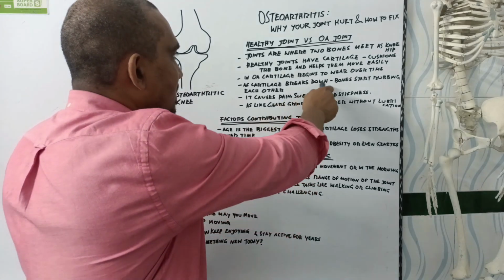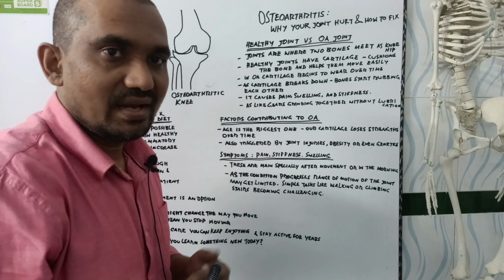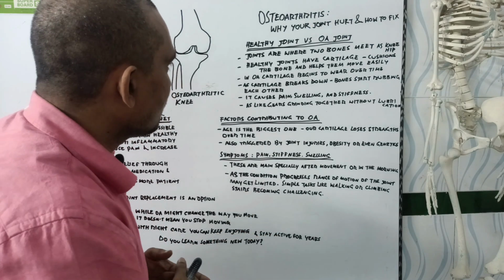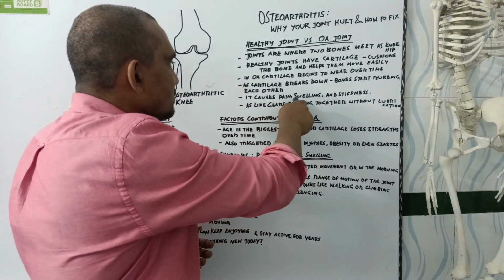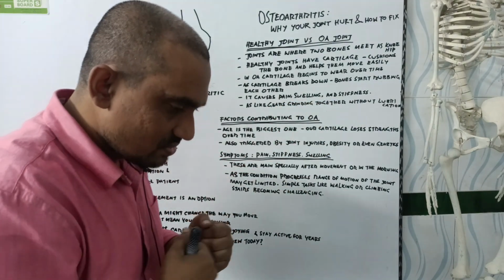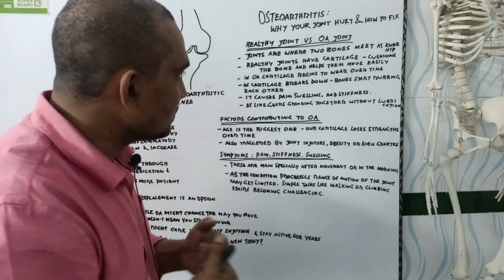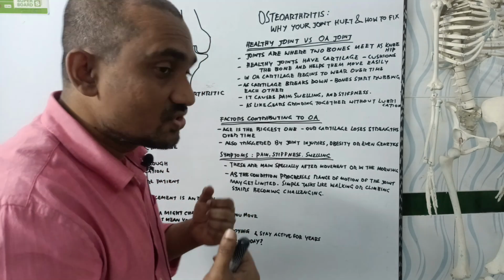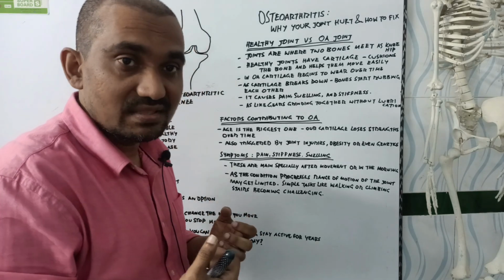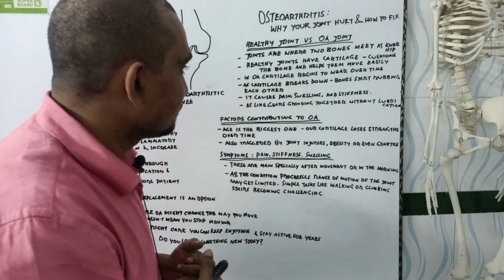As the cartilage breaks down, the bones start rubbing against each other, and the pain begins. It causes pain, swelling, and subsequently stiffness experienced by the patient.